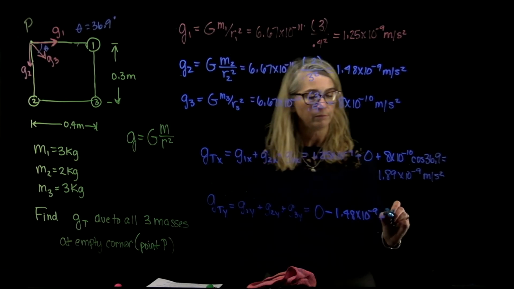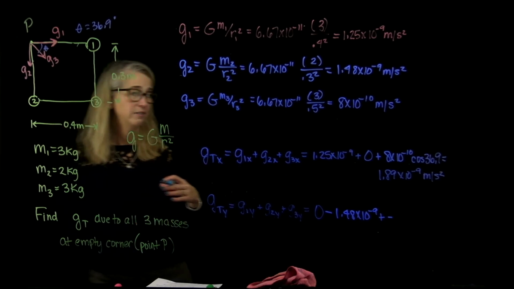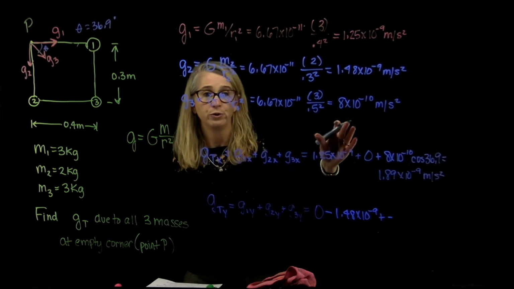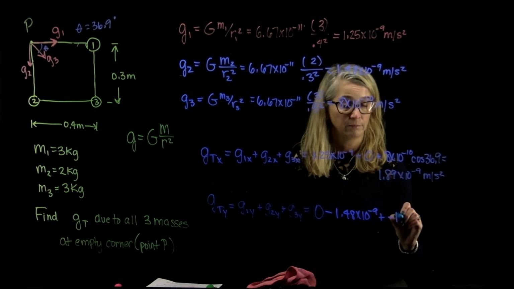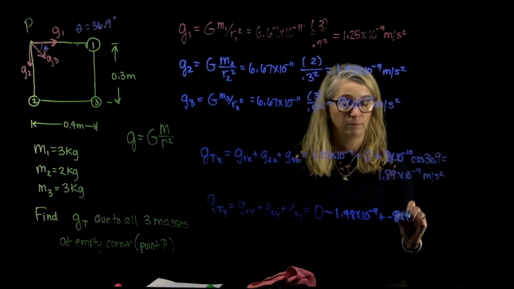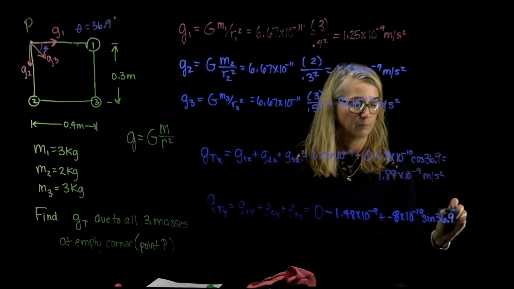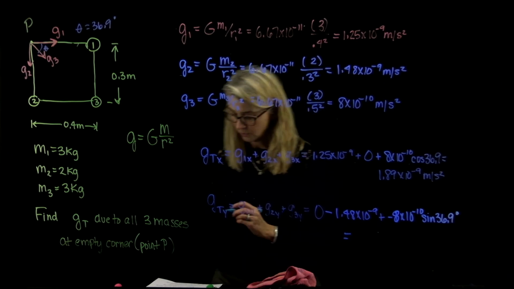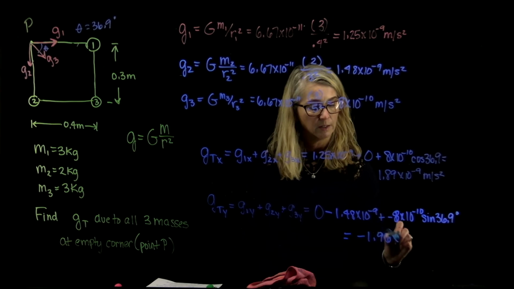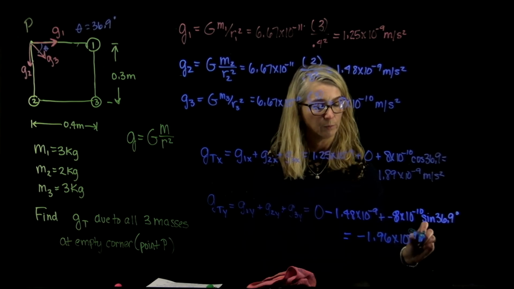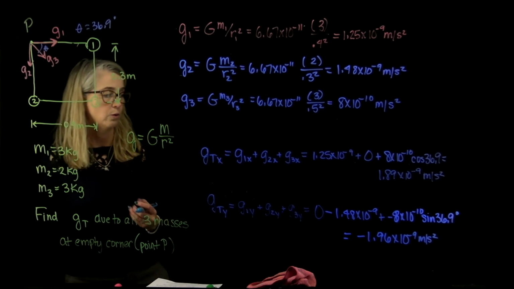And then the y component of G3 is also negative, so we take the magnitude of G3 times the sine of 36.9 degrees. When we add all those together, we find the y component is minus 1.96 times 10 to the minus 9 meters per second squared. So we found the total x component and the total y component.